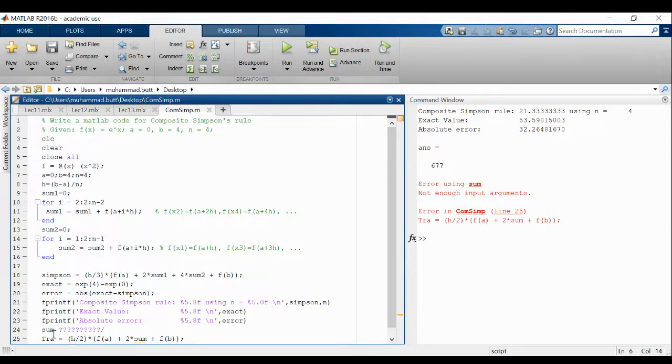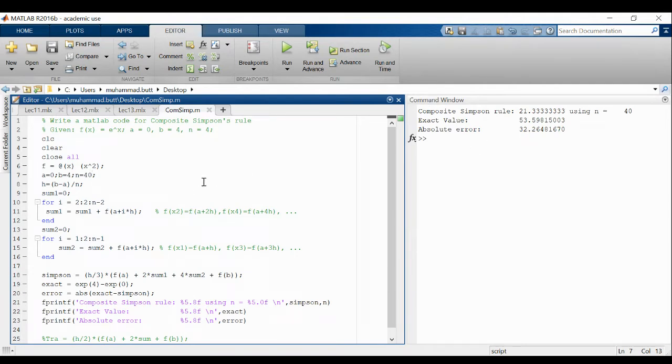So this is an error because of this thing, so I comment this. Using n equals 4, the error is too big for this function, so we have to take something bigger, let's say 40.